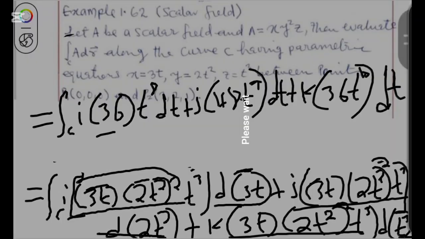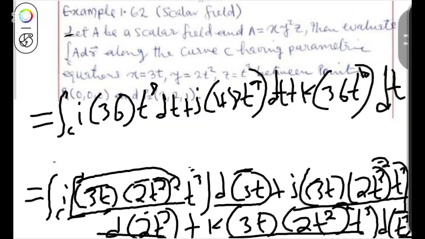And also the t's: I have 1t, 4t, and 3t. If you add them, I'll get 8. The same thing I did here: 3 multiplied by 4, also multiplied by 4. After differentiating, 2t squared now becomes 4t.